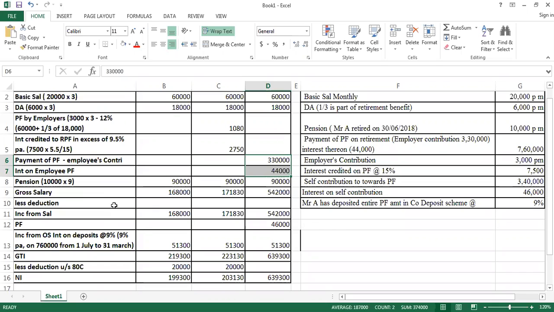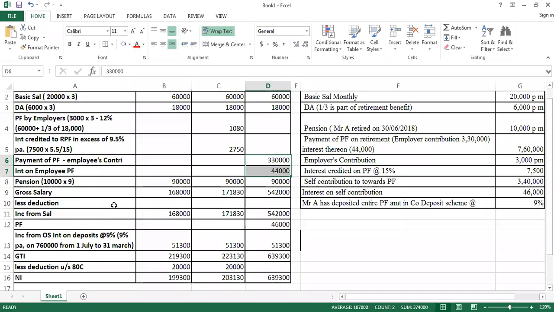See, understand one thing. If you look at the amount, 3,30,000, it is a lump sum amount which has been paid. Any amount that you receive as a lump sum from a provident fund, if it is statutory provident fund, is completely exempted. If it is recognized provident fund, completely exempted. But if it is an unrecognized provident fund, then it is going to be taxable. So under that particular head, we have to write the two values, that is interest and the lump sum amount that has been received.